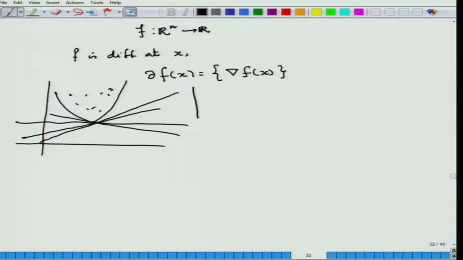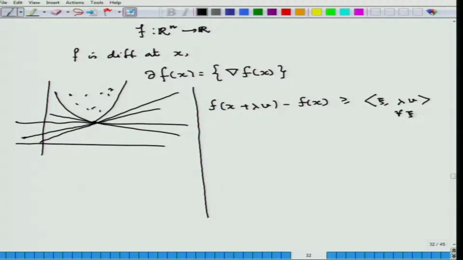Now, suppose I have a point x where the function is differentiable. Let us see, f(x plus lambda v) minus f(x) is greater than or equal to xi times lambda v for all xi element of del f(x).